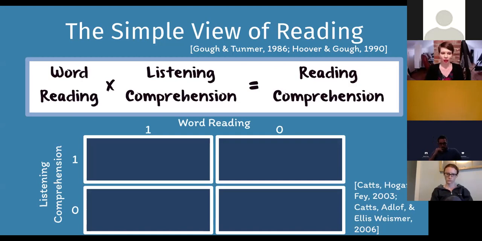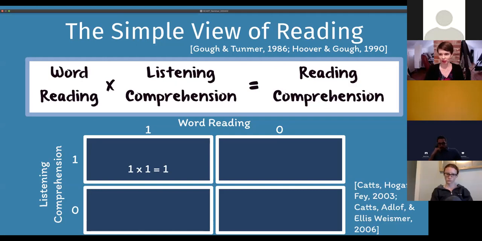So if an individual has good word reading abilities and good listening comprehension abilities, then the simple view of reading would predict that they have good reading comprehension with both of those two components intact. And so this would be the profile of our good reader.